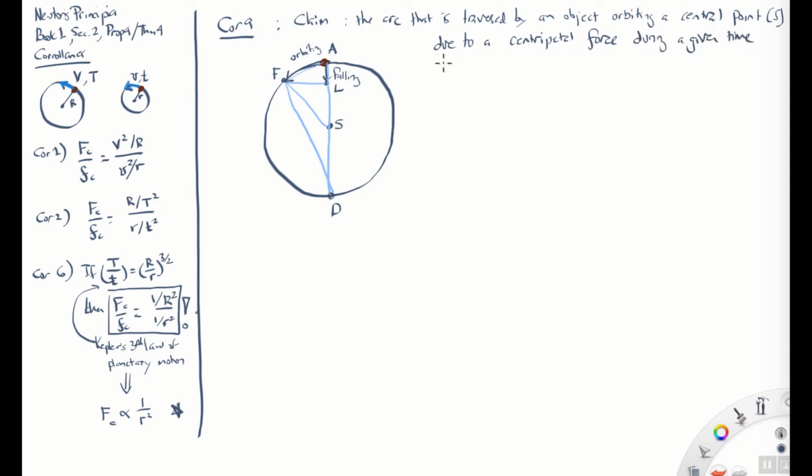We'll call this delta t. So think about this right here. That is the arc traversed by the object orbiting the central point S during some time interval delta t.